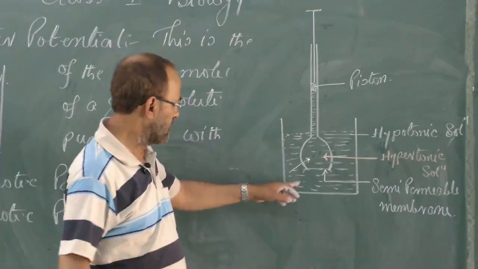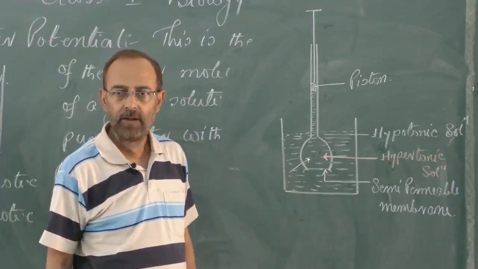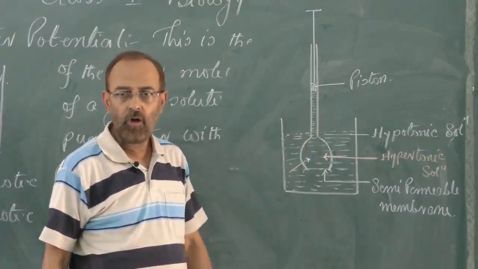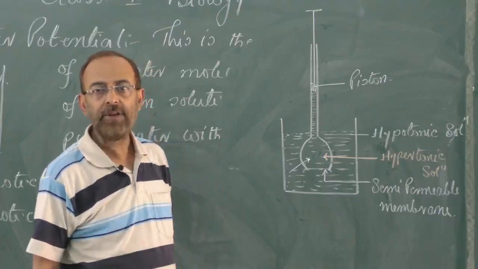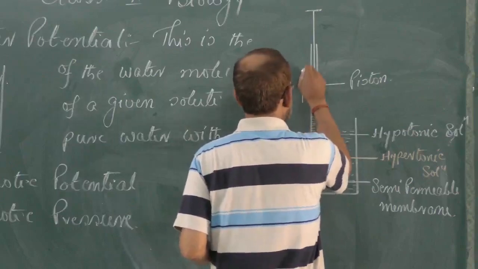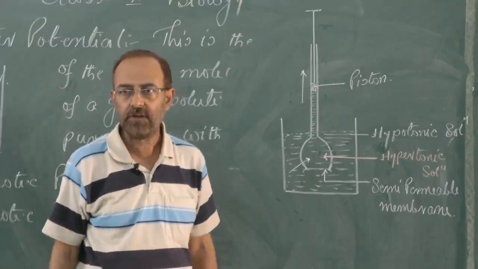In the process of endosmosis, water will enter from the outer medium to the inner medium, and this inward movement or inflow of water molecules by the process of osmosis can be observed by the slow rise of this piston through the neck of the thistle funnel. Is it not?